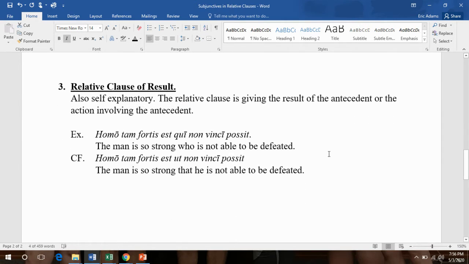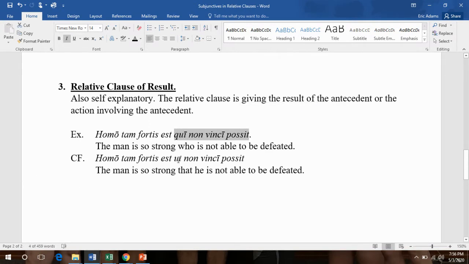Finally, we have the relative clause of result. Again, it is exactly like it sounds. It is when the relative clause is giving a result of something. Homo tam fortis est. The man is so strong who is not able, vinci, a passive infinitive, short e turns to an i, to be defeated, is a man who is not able to be defeated.